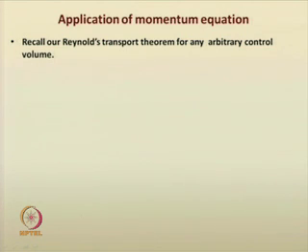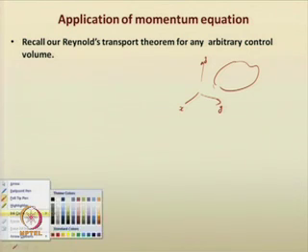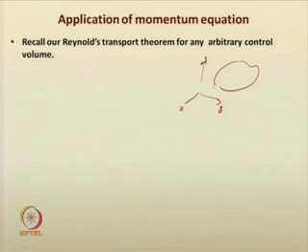Now, recall our Reynolds transport theorem for any arbitrary control volume. If you have any arbitrary control volume, it can be in space, in the x, y, z directions. You recall that control volume equation. How was it written?